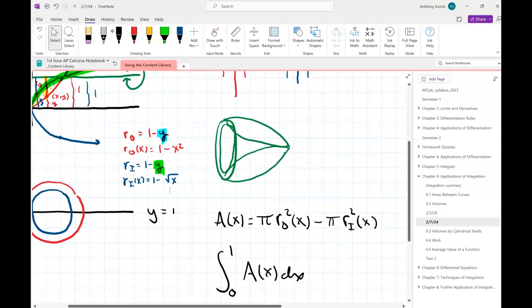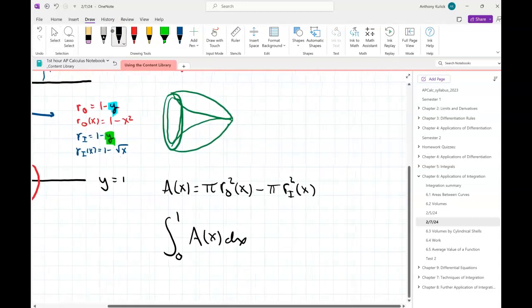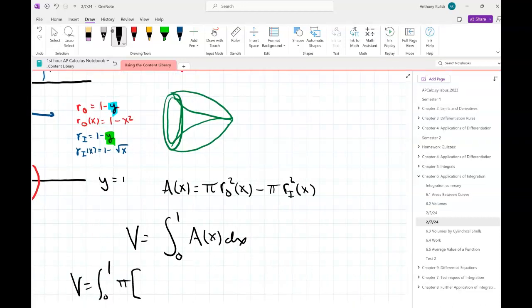And now we got everything we need. So our volume is the integral from 0 to 1 of pi times r outer squared minus r inner squared dx.